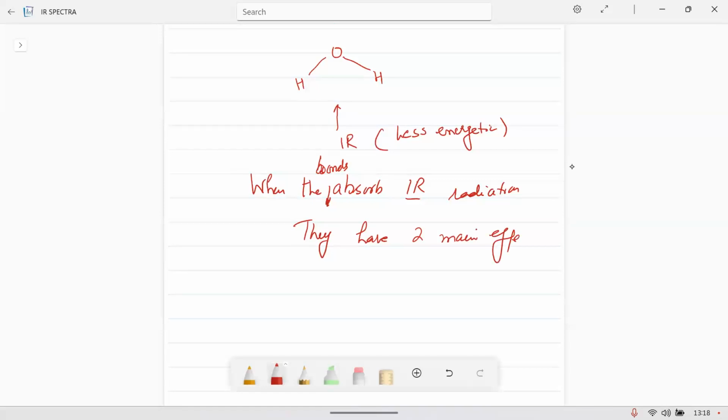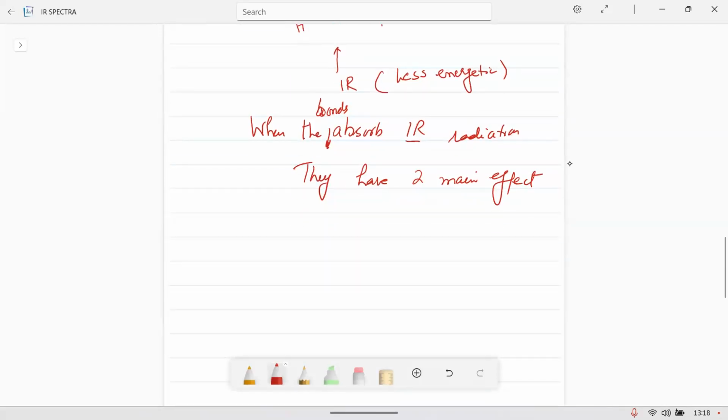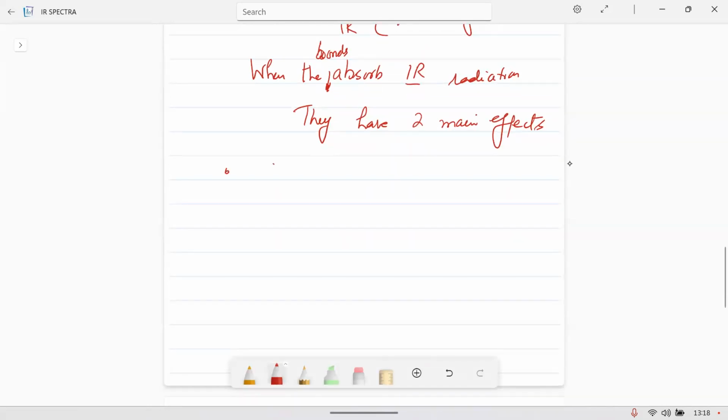The atoms cannot lose electrons. One of the effects is that the bonds may start stretching.